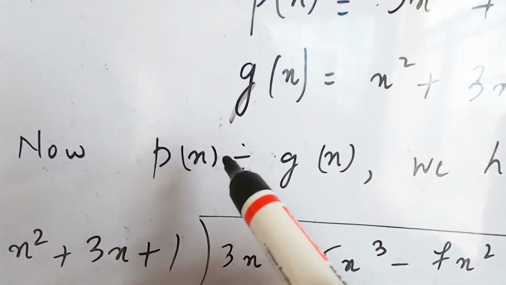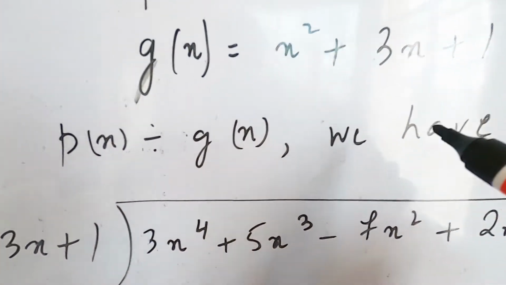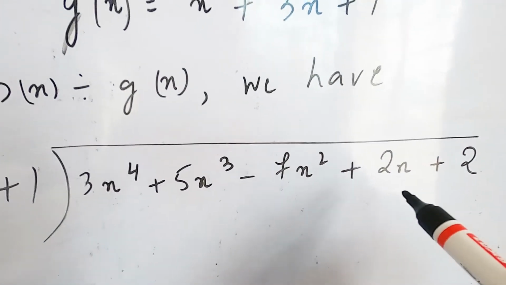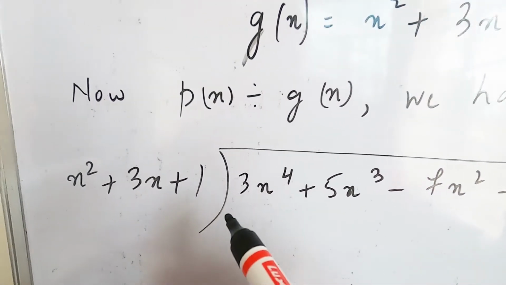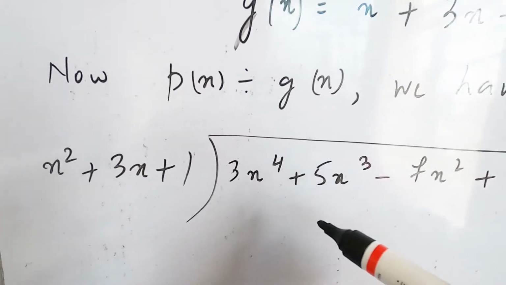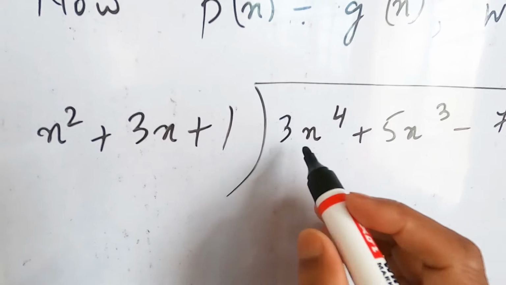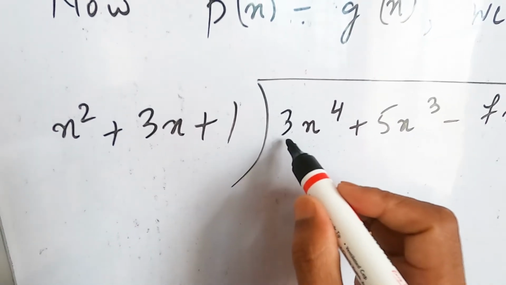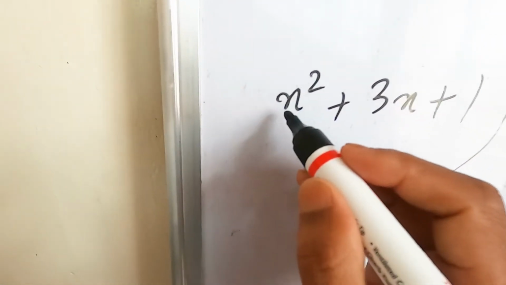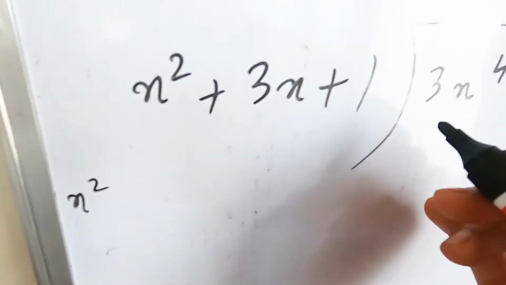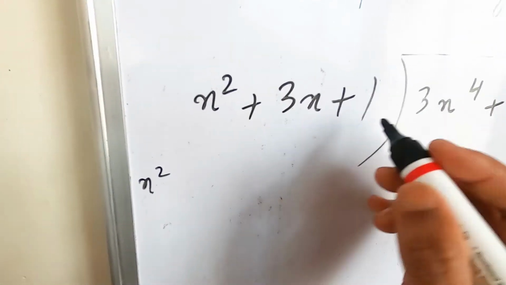So now p(x) divided by g(x) we have, so what we will do is we will divide p(x) by g(x). So the method will be exactly the same as in question number 1. So in this case the first term is 3x to the power 4. So what we will do is x square we will multiply in such a way that we will get 3x to the power 4.